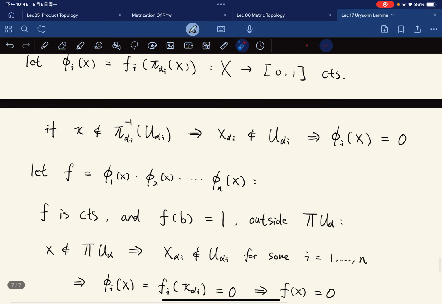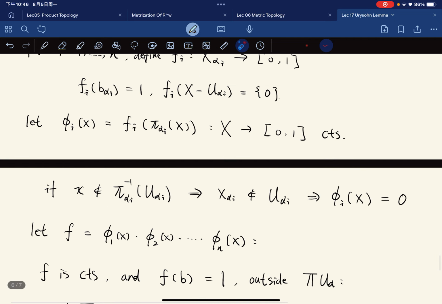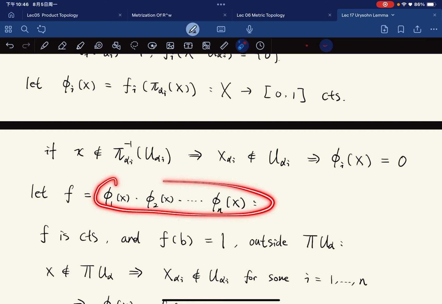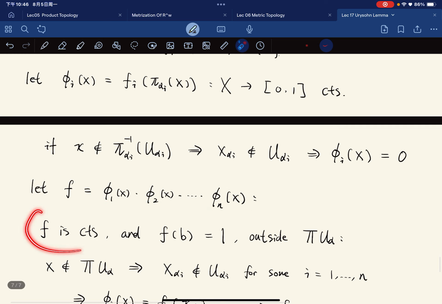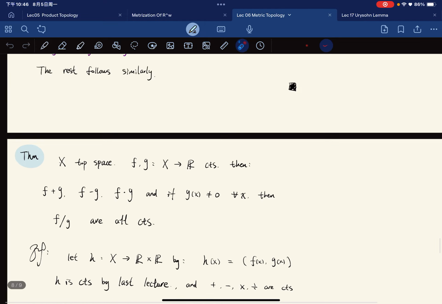Okay, so keep this in mind. So what we're going to do is define the function f as the product of phi 1 to phi n. And this product is continuous by our lecture from metric topology.